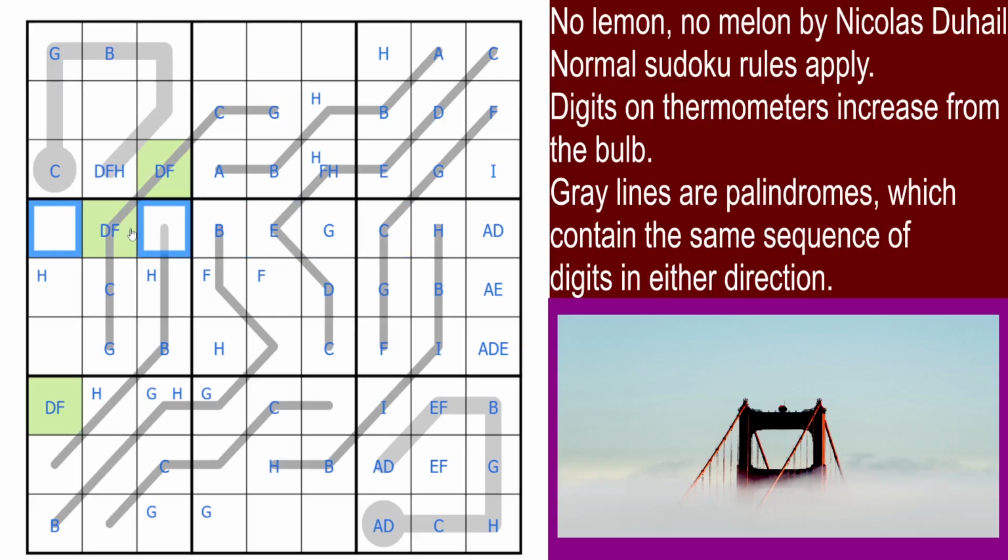What are these? This could be A, B, C, D, E, F, I. A, D, E, I, right? So that's A, D, E, I. A, D. Oh, nothing is going. Okay.